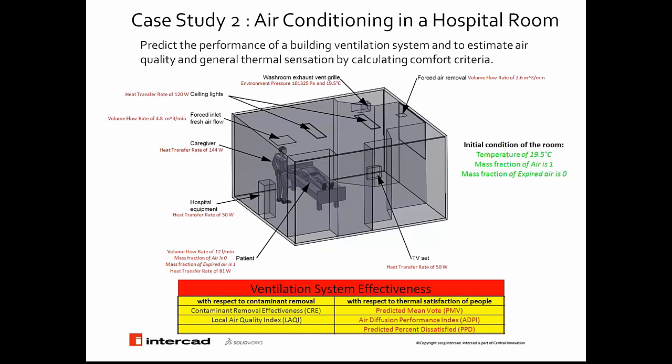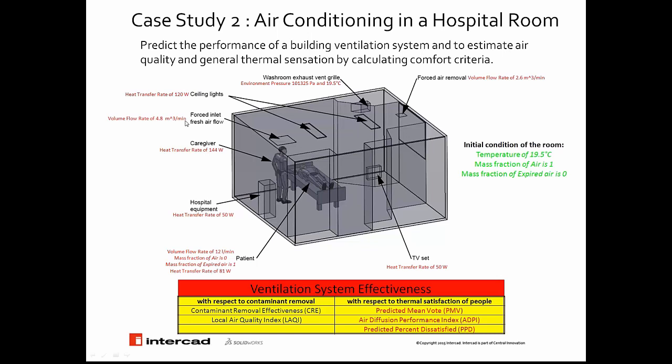We have different heat sources, such as a TV set with a heat transfer rate of 50 watts, hospital equipment of 50 watts, a caregiver with a heat transfer rate of 144 watts, and ceiling lights with 120 watts here. The inflow is a forced inlet of fresh air with a volume rate of 4.8 cubic meters per minute.